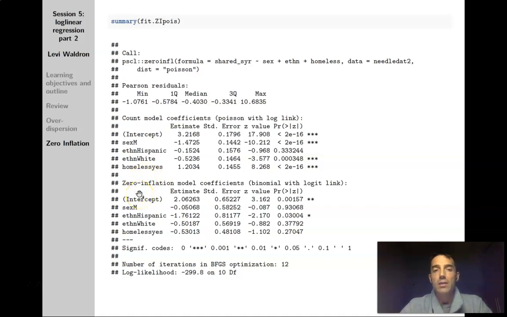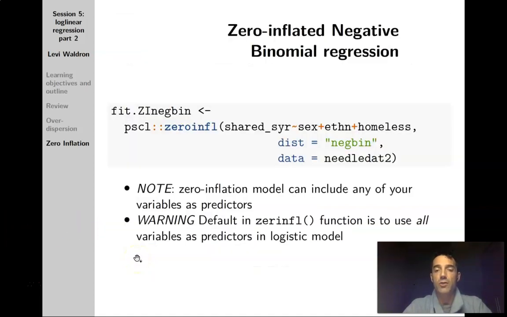Typically in zero inflated models, you're making some kind of assumption that there actually are two different components to your data generating process. One component that produces exactly zeros, and then for the remainder of them, a count model. It's hard for me to imagine why both of these would have all of the same coefficients.